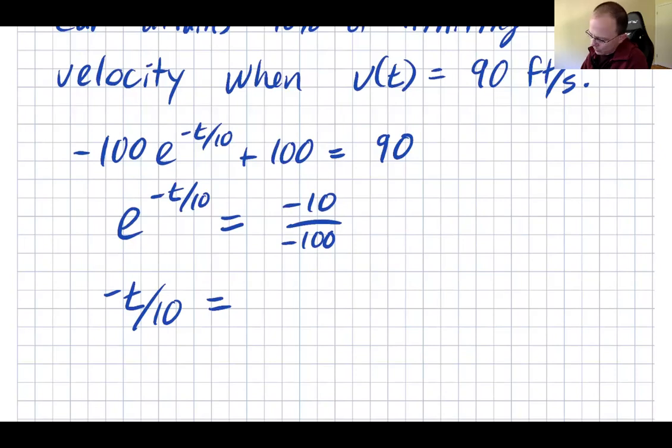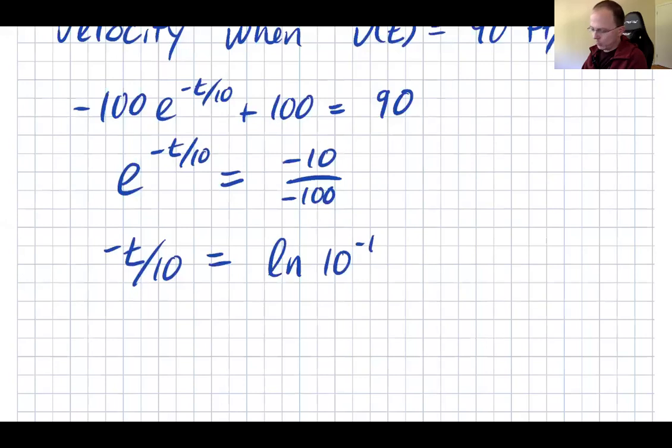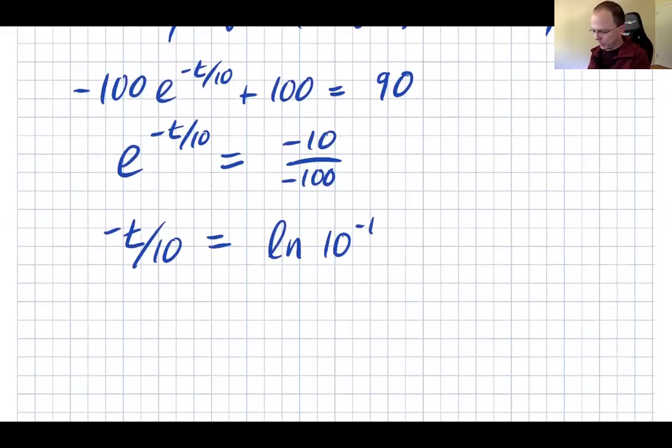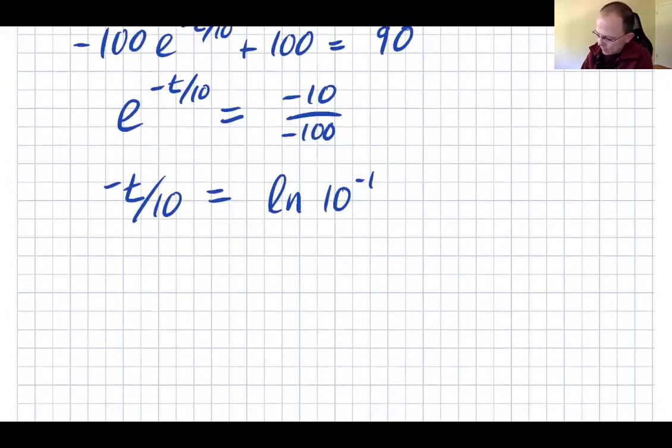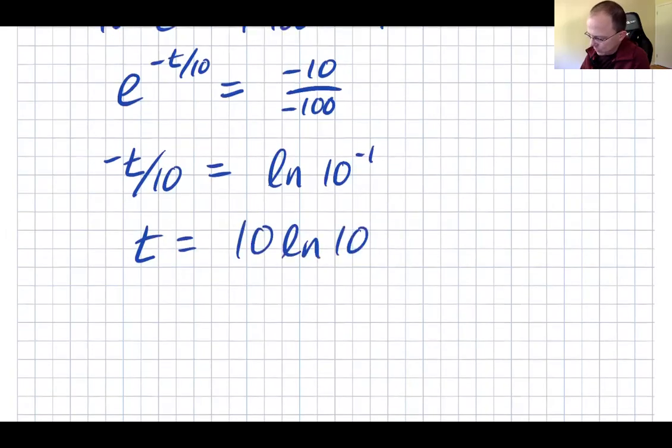So 1 over 10 will be 10 to the negative 1. I'm writing it like that because then I can take that exponent out using the logarithm rule. So I'm going to take this exponent and put it out front according to the rules of logarithms. And I'm going to multiply both sides by negative 10. So that gives me my final answer. So that will be 10 log 10. So there's the final answer.